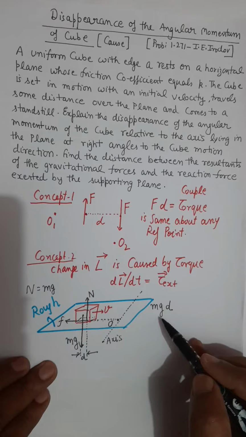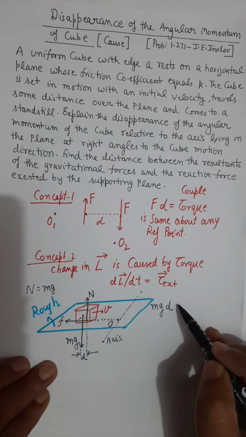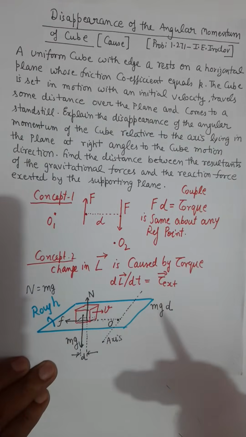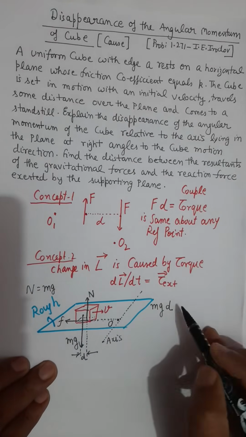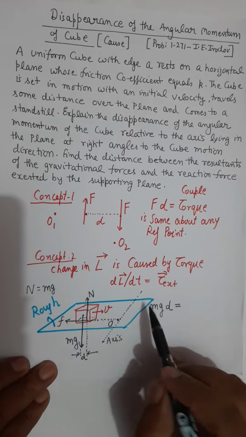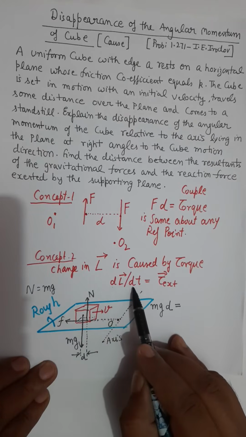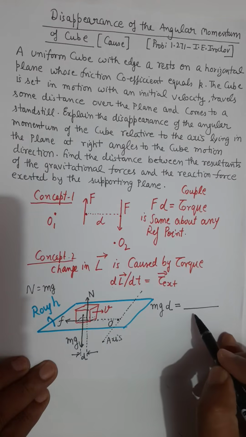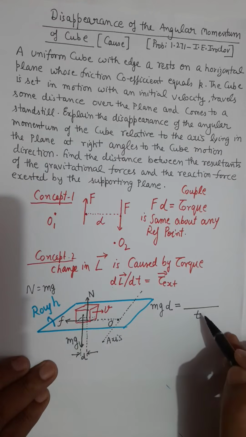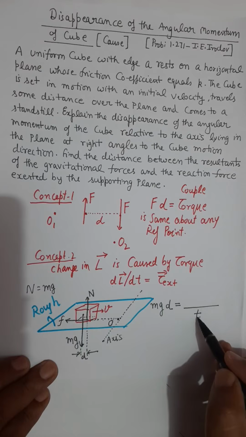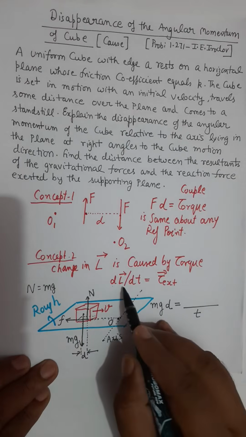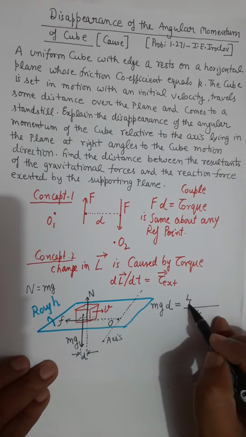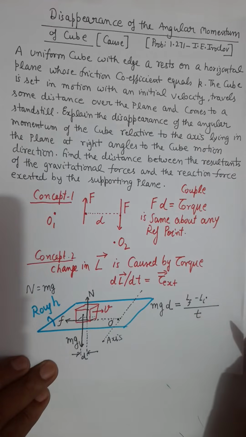This torque about point O will be the same everywhere. Relative to any point, you will have the same torque. So this torque is going to be the change in angular momentum divided by time. Here we have the time after which the cube will stop, and in the numerator the change in angular momentum: final angular momentum minus initial angular momentum.